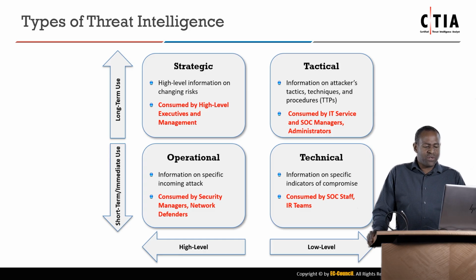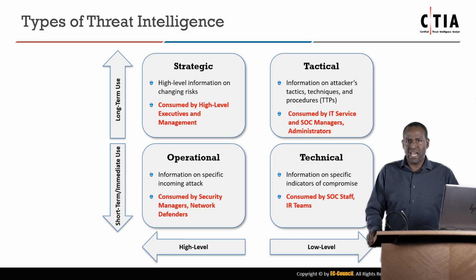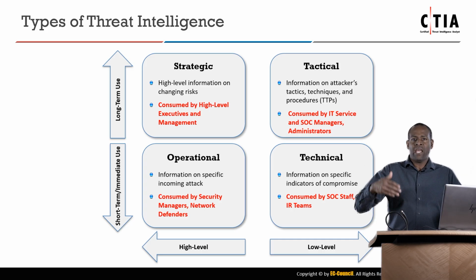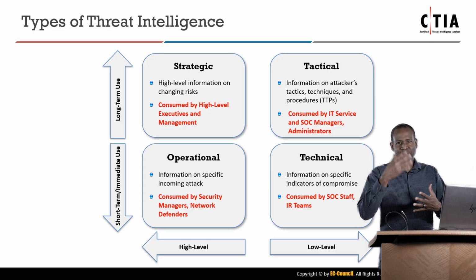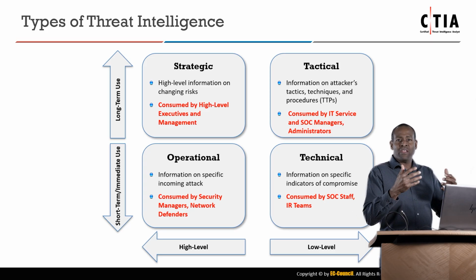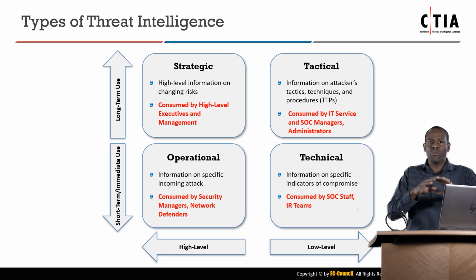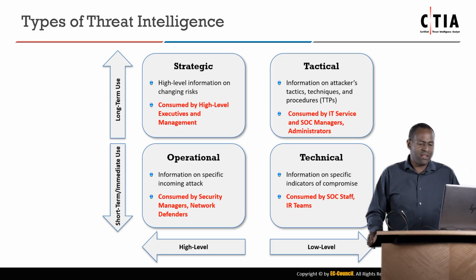So this is going to be managers and network defenders. We're looking at the type of attack. So for instance, this is where you look at the anatomy of an attack. Well, it starts with a scan, and then from there, if ports A, B, or C are open, of course they're not letters, but they're numbers, if these ports are open, then the next thing happens, and we look at the anatomy of the attack.